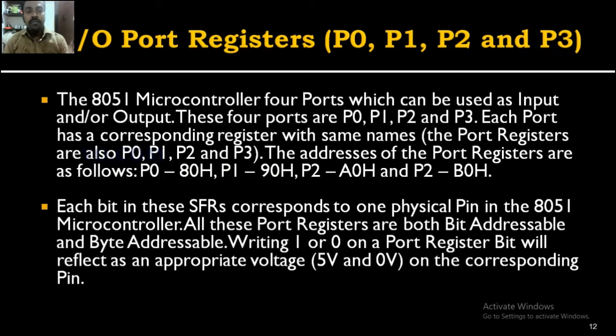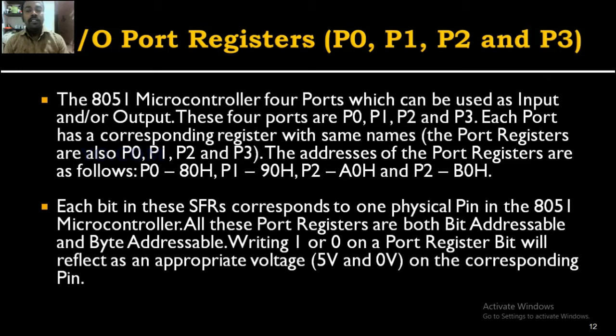Next one is the IO port registers. So the 8051 microcontroller has 4 IO ports. Each port has 8 bits, so totally 32 IO pins are present. So the IO port is accessed through registers. Those registers are called P0, P1, P2 and P3.